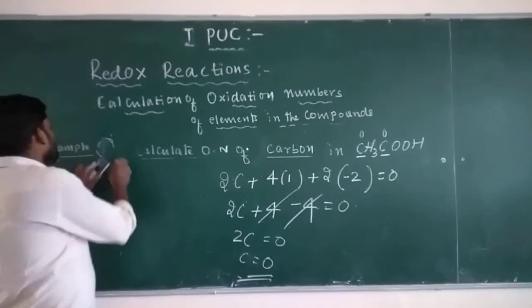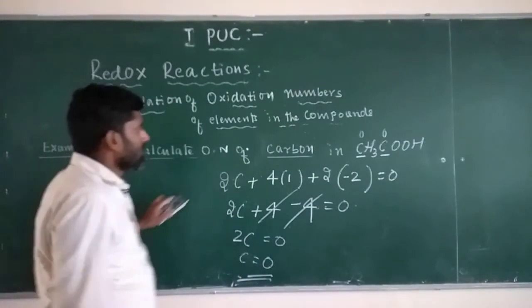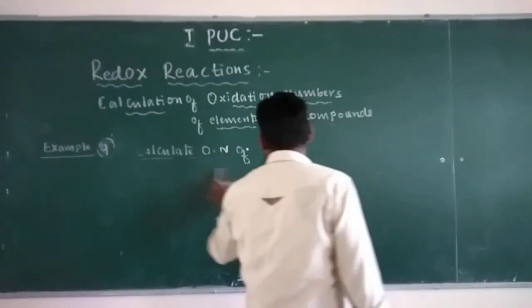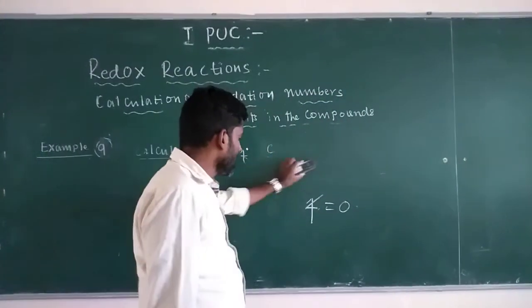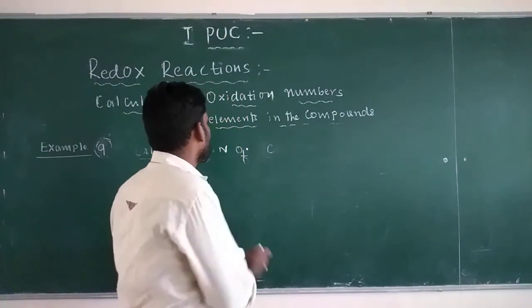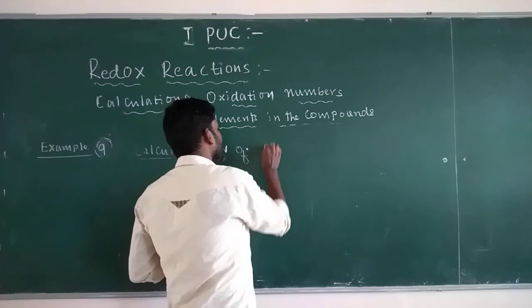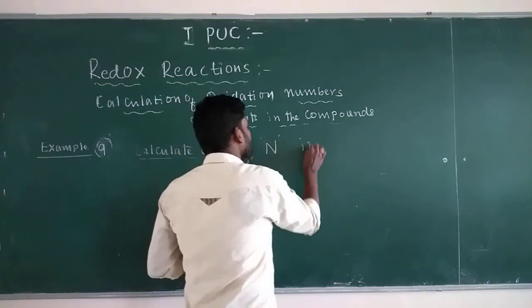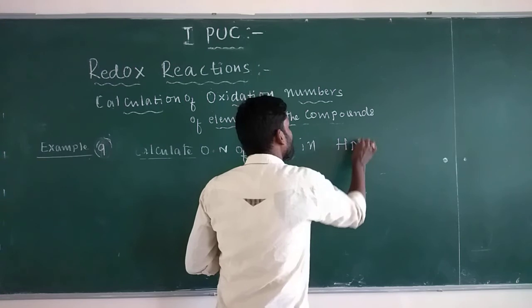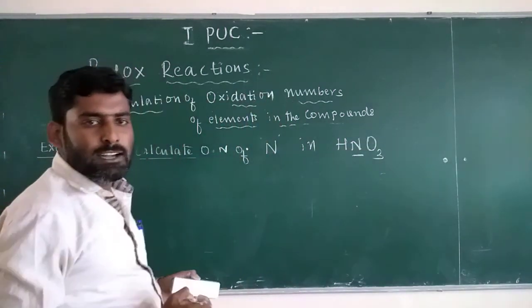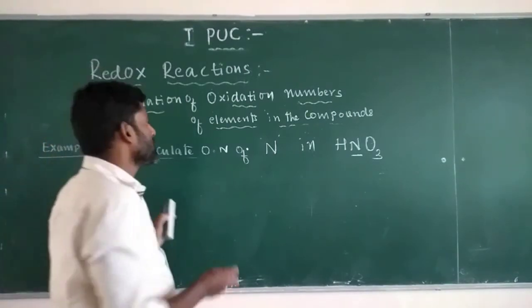Next, example 9. Calculate the oxidation number of nitrogen N in HNO3. In nitric acid, calculate the oxidation number of nitrogen.